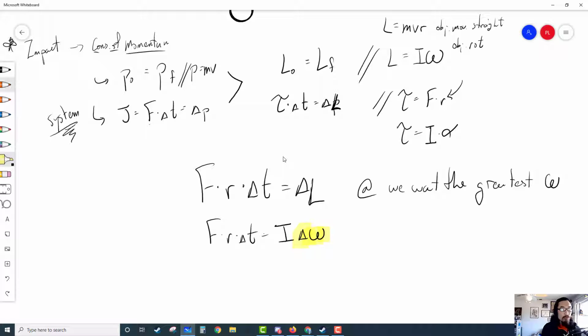So in order for this to be the case, we don't know anything about the impact time, so we're going to ignore that. And we don't know how hard it's going to be hit, but the only thing that we do know, and that's what the question is asking for, is what radius the object should make an impact.